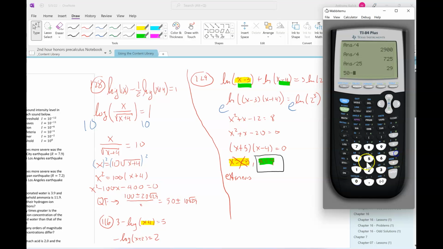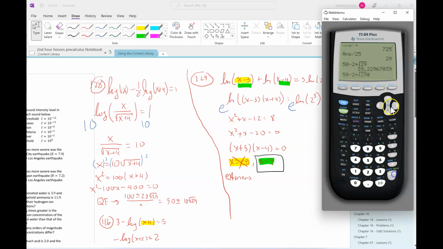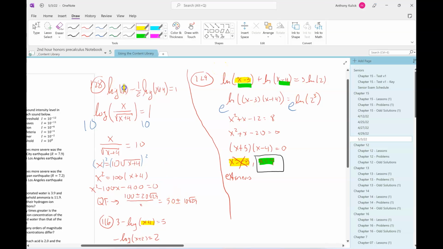And then I just have to make sure that minus 10 times the square root of 29 isn't negative. It is. And since that's negative, I know when I go back and I check, that's going to fail. Right? So I'm only going to have the 50 plus 10 root 29.